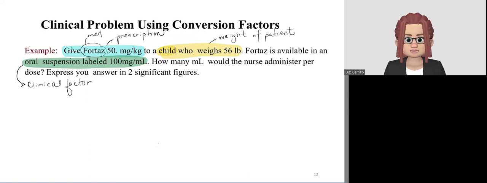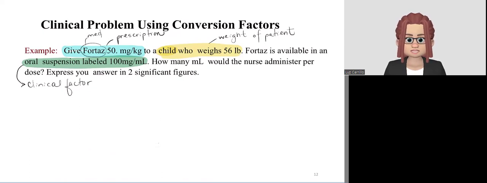When we have these 3 pieces of information in a problem, we must see that there's a lot of units, and at times these problems could be a little bit more difficult to dissect. But what I'm going to mention is that if you're given a prescription, you have the weight of the patient and you have your clinical factor, this is how you target these problems.